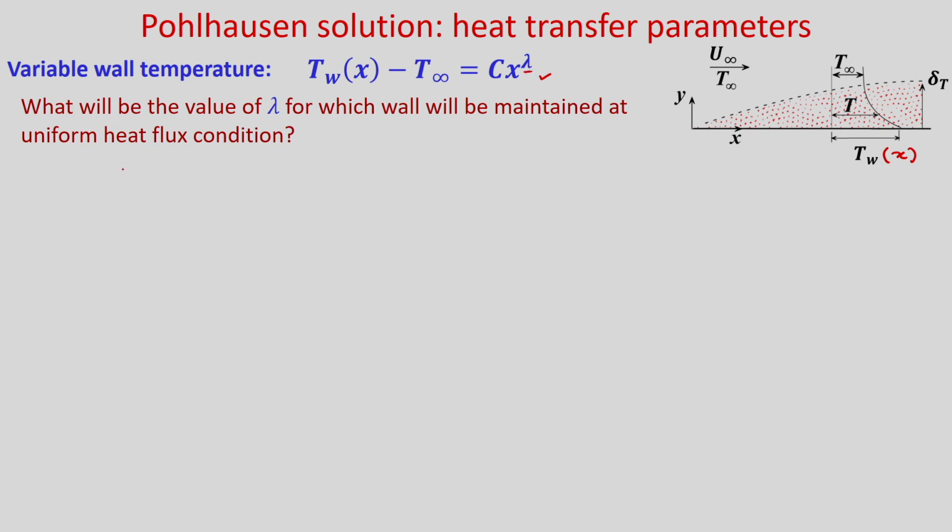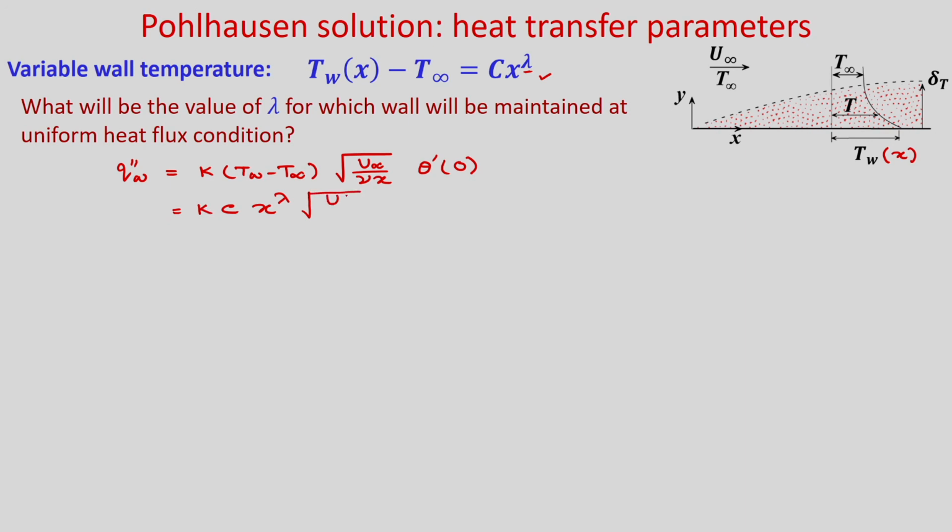The local heat flux you can write as k (T w minus T infinity) into root of u infinity by nu x into theta prime 0. This expression we derived in the previous slide. Here T w is a function of x, so T w minus T infinity you can put as C x to the power lambda.